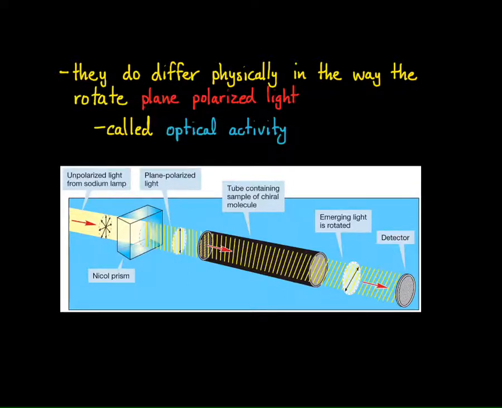If I pass that light through a prism, which is called a Nicol prism, in which there are basically little filters that orient the light such that only light in one direction can pass through, now I have plane polarized light. So light in only one direction is traveling through that prism.